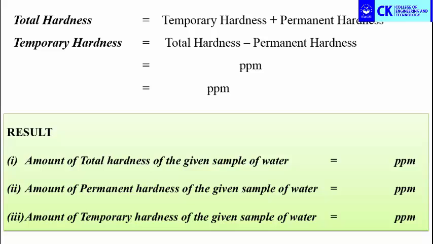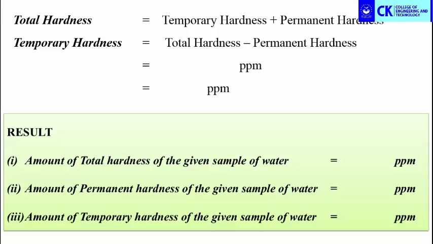So we need to identify the three hardness values: total, temporary and permanent hardness. We calculated the total hardness in titration 2 and the permanent hardness in titration 3. From that we need to identify the temporary hardness. Total hardness is permanent hardness plus temporary hardness. To identify the temporary hardness we need to subtract the permanent hardness from the total hardness.